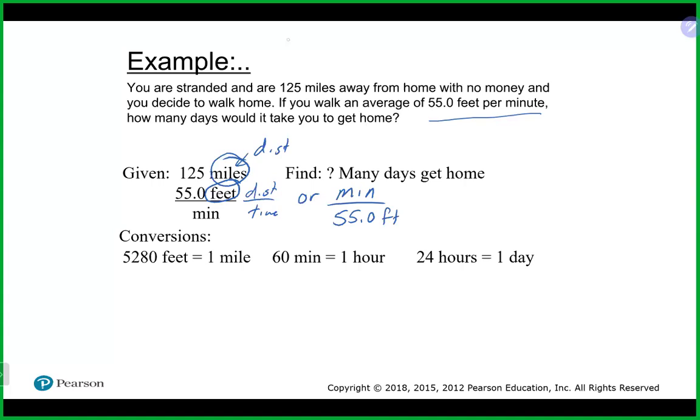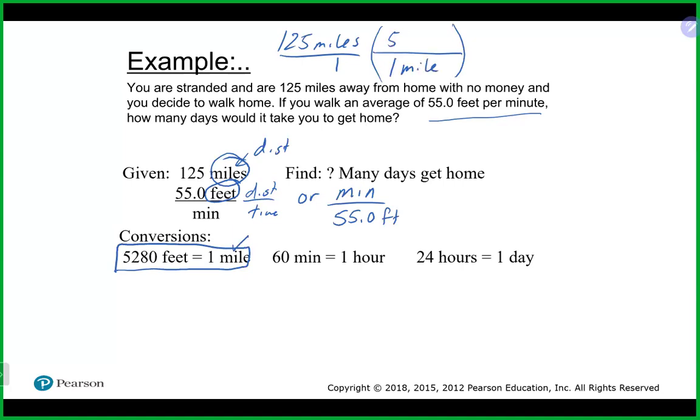So I'm going to go 125 miles. And I'm just going to do a conversion here to take it to feet. This is my equality that I could use to get my conversion factor. And once again, miles are on top. So I know it needs to go in the opposite location. So miles need to go on the bottom. The 5,280 feet need to go on top.